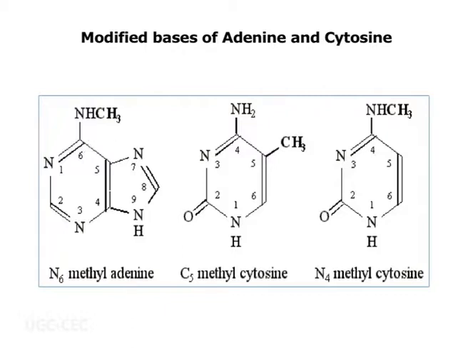Adenine, after taking in a methyl group, changes into N6-methyladenine, whereas cytosine can accept a methyl group at two positions, position 4 and position 5. Position 4 becomes N4-methylcytosine, whereas position 5 becomes C5-methylcytosine. So in this way, we can see how the modified bases of adenine and cytosine are formed after accepting the methyl group from S-adenosyl methionine.